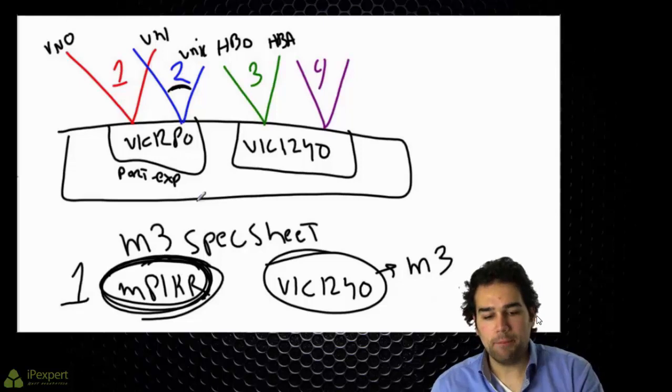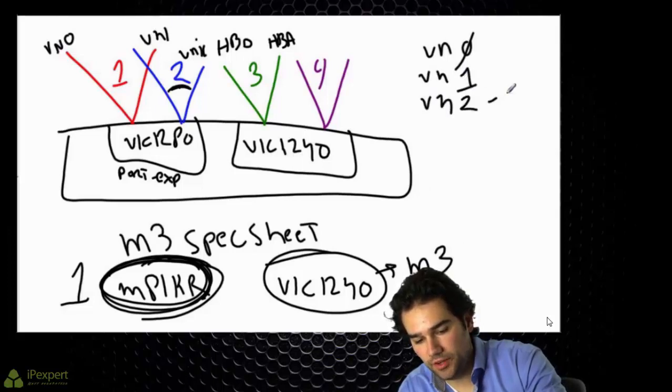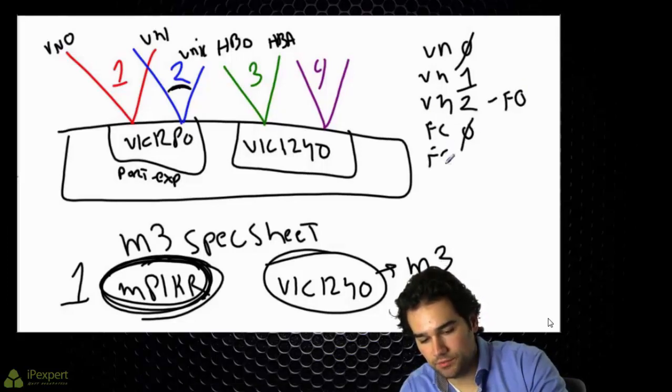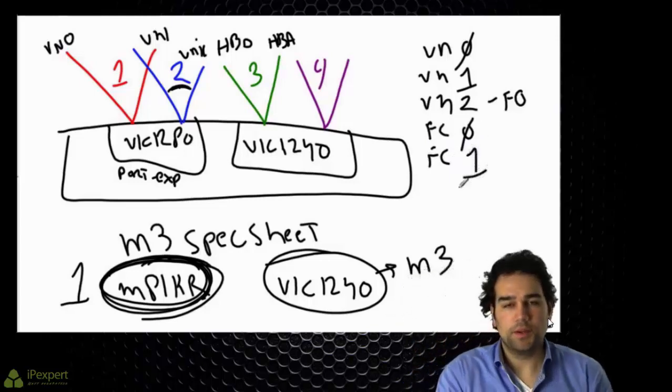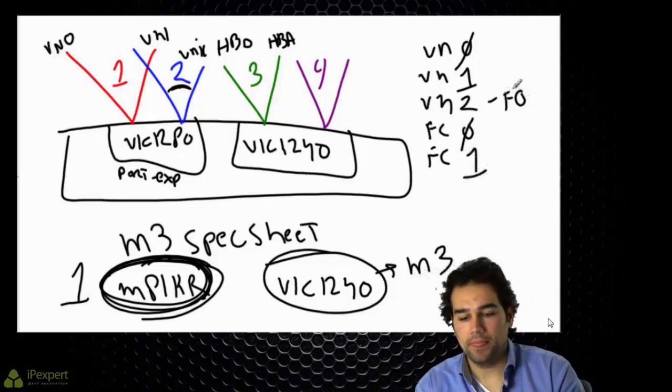So the question in the lab might tell you, I have VNIC 0, VNIC 1, VNIC 2 that has failover enabled, and I have FC0 and FC1. So I have 5 VNICs, technically 6, because I have failover enabled.